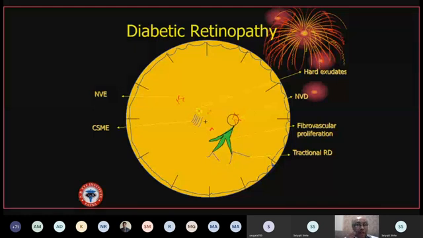I'm making it very simple for you. But there is no shortcut to what she has just shown. Please don't mistake me. What she has shown is what you should know. But if you still can't remember, at least remember this much: anything in the vitreous cavity is green, any retinal pathology is blue, the hard exudates you see as they are, and the NVEs and retinal hemorrhages are all red.